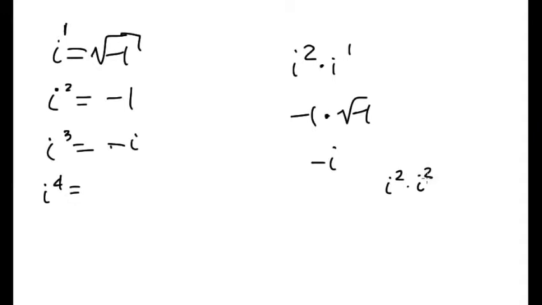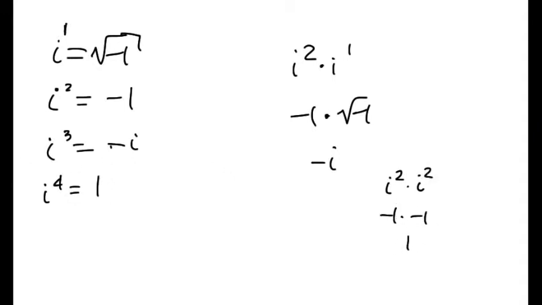So what's i to the third? i to the third is i squared times i to the first, which is -1 times rad -1. So that is basically -i. So i to the third is just -i. What's i to the fourth? Well, i to the fourth is just i squared times i squared, which is -1 times -1, and that's just 1.